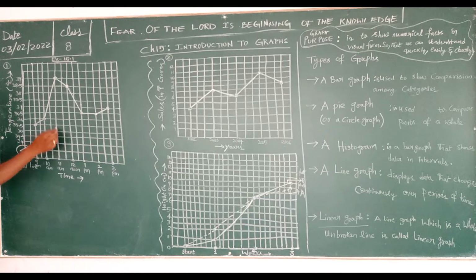At 11 a.m., 39 degrees Celsius. At 12 noon, 38.5 degrees Celsius. At 1 p.m., 36.5 degrees Celsius. At 2 p.m., again 36.5 degrees Celsius. At 3 p.m., 37 degrees Celsius.